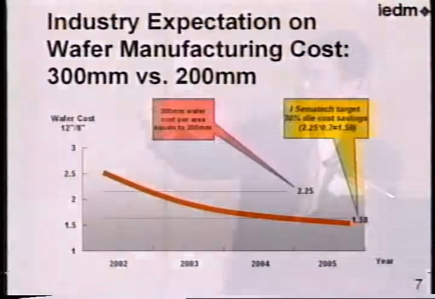And when they published this, they probably did not foresee an economic slowdown. So the current 300 millimeter learning actually has been slow. So if you add December, right in front, 2002, that's about right.